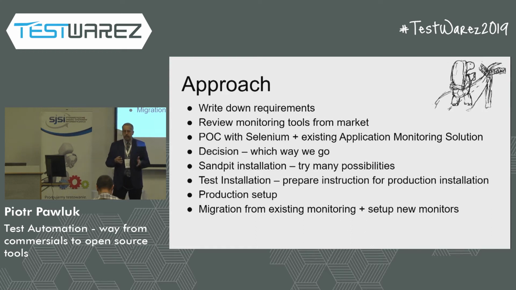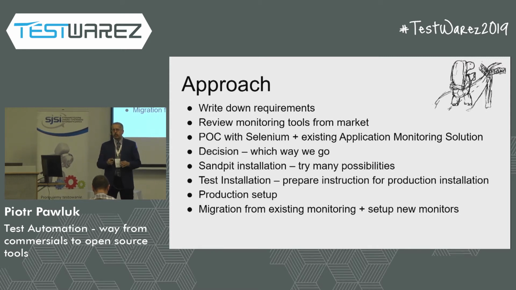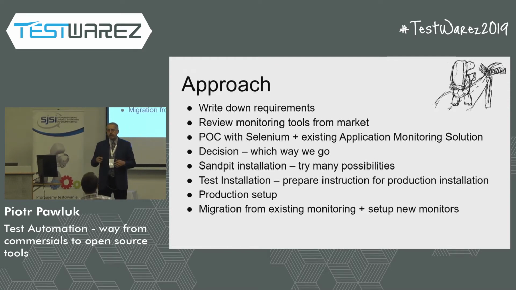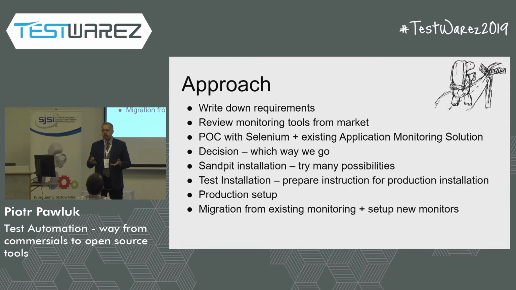When we had it, we installed it on a Sandpit environment. We set up a Sandpit environment with 2 or 3 servers with all the components we wanted. We played with this module, that module, this plugin, that plugin, to see if it works. So not only a POC where we just say it is possible, but how it should be composed. We tried and did some exploratory work on how to work with this.